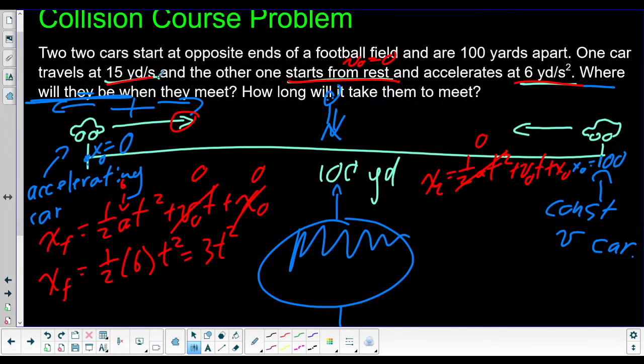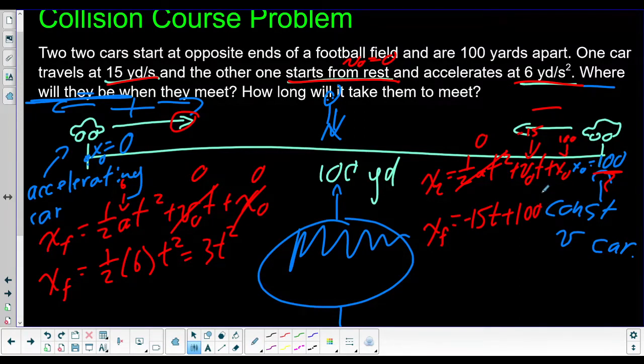Its velocity is 15 yards per second, but it's traveling in the negative direction. So we're going to plug in negative 15 for velocity. And it's starting at 100 yards, so x naught will be 100. So let's simplify this and set it up. X final here equals negative 15t plus 100.